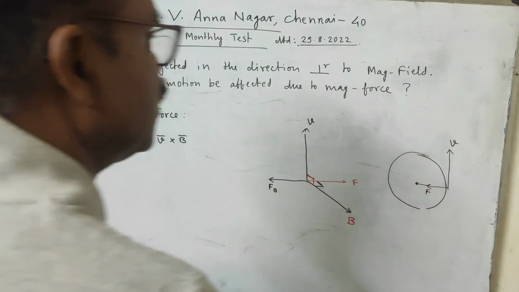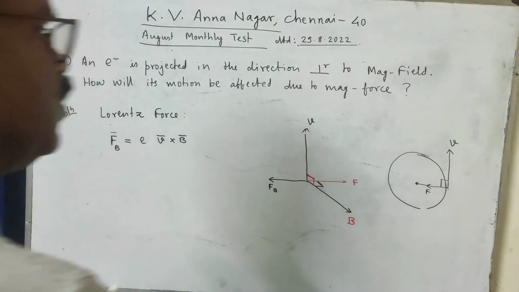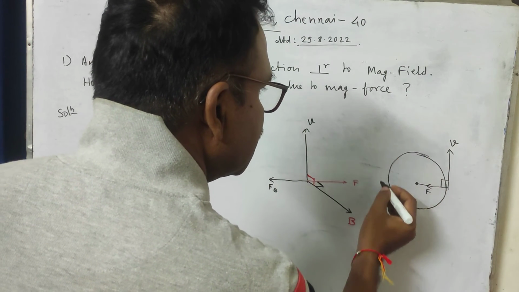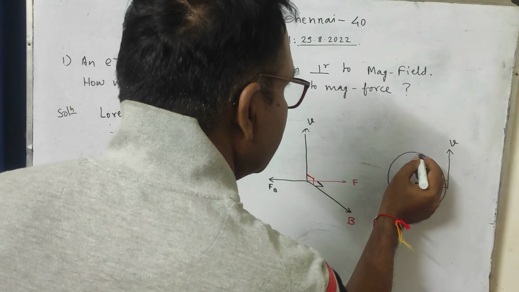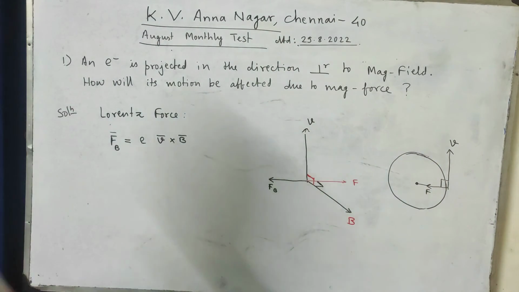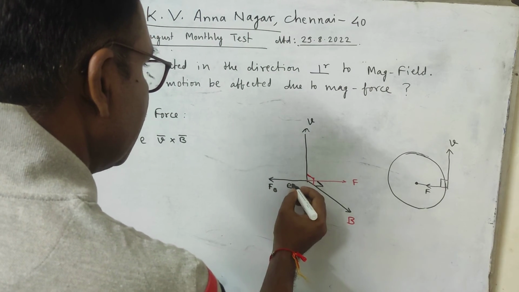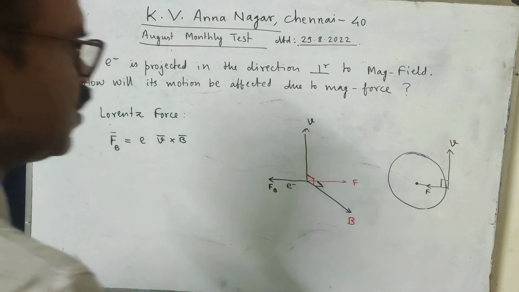This is called the centripetal force. So whenever the velocity and the force are perpendicular to each other, the particle moves in a circular motion. Similarly for this electron, the force is in this direction, so it will have circular motion.